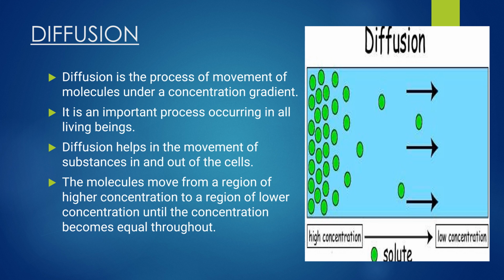What is diffusion? Diffusion is a process of movement of molecules under a concentration gradient. It is an important process occurring in all living things. Diffusion helps in the movement of substances in and out of the cell. The molecules move from the region of higher concentration to the region of lower concentration until the concentration becomes equal throughout.